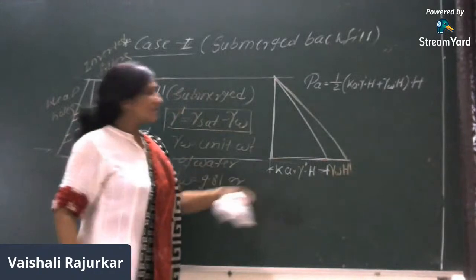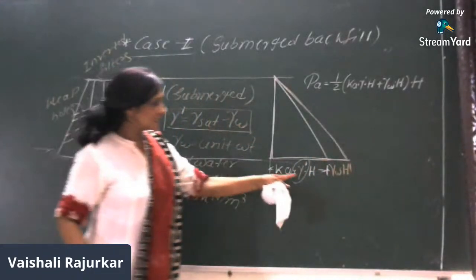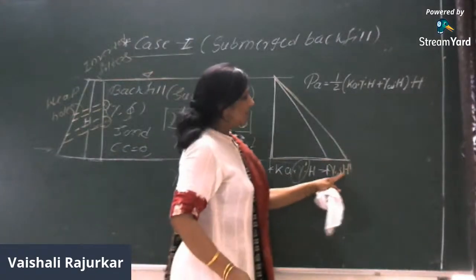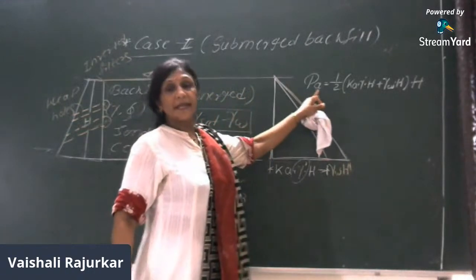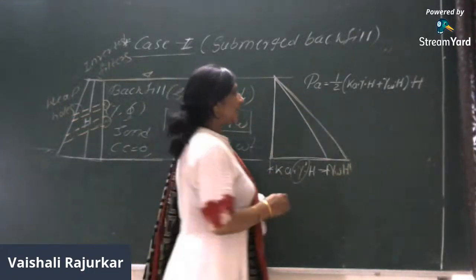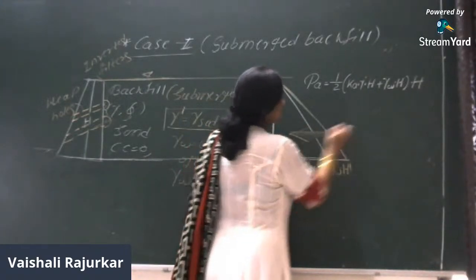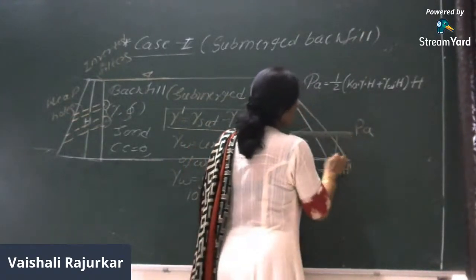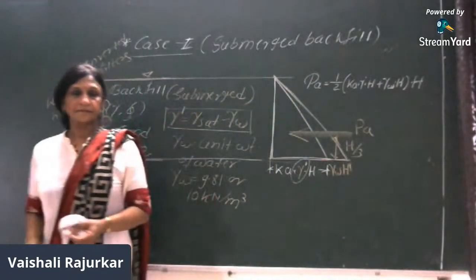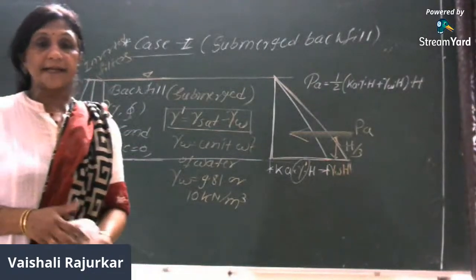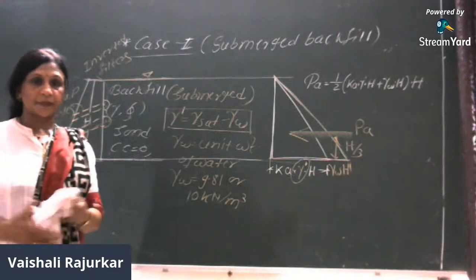Always remember that this becomes gamma submerged, and here we are taking the water pressure, which will be gamma W into H. So it is the area of the triangle, and this is PA, acting at a distance of H by 3 from the bottom. So this is the second case, and this is assumed to be the critical worst condition of the soil, right?